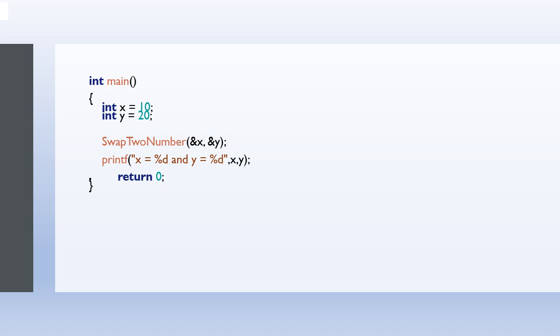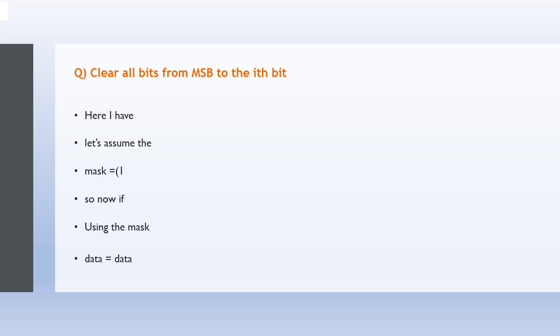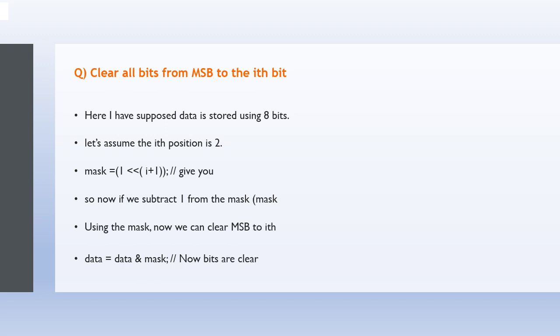So the next question is clear all bits from MSB to the ith bit. Here, suppose data is stored using 8 bits in this explanation. Let's assume the ith position is 2. Mask equal to 1 left shift i plus 1 will give you 0 0 0 0 1 0 0 0.